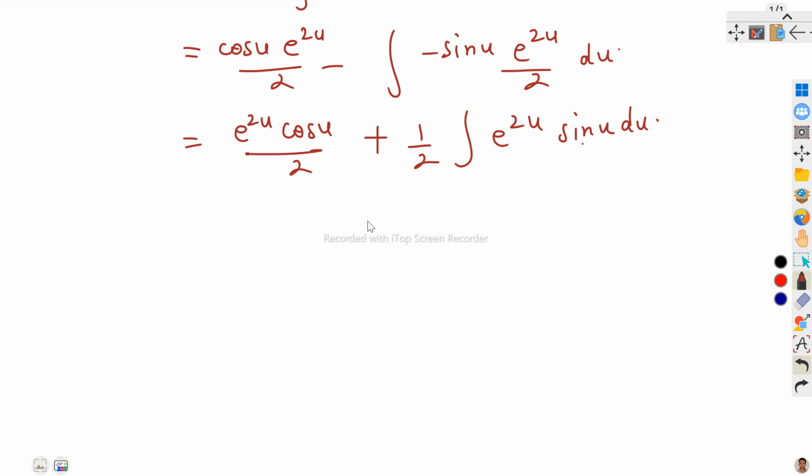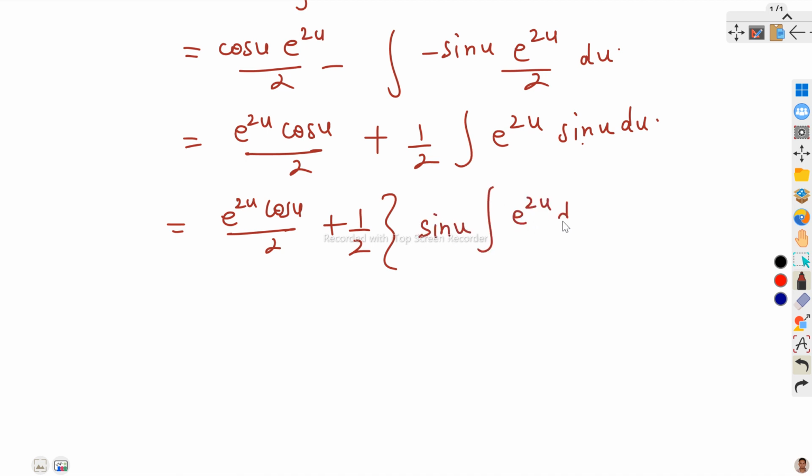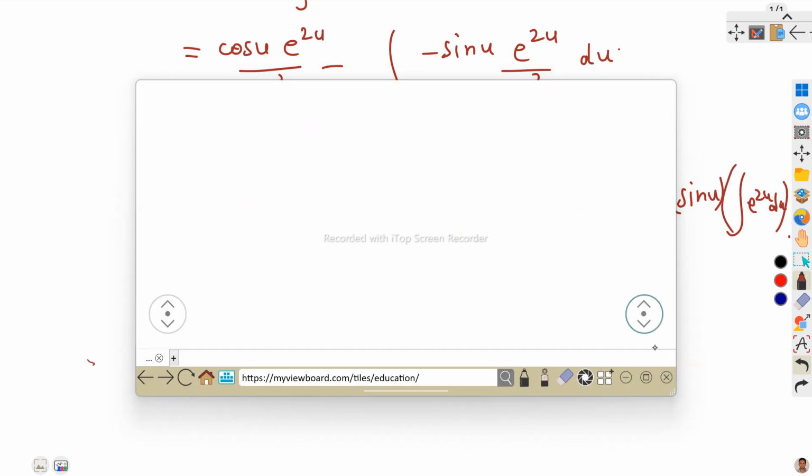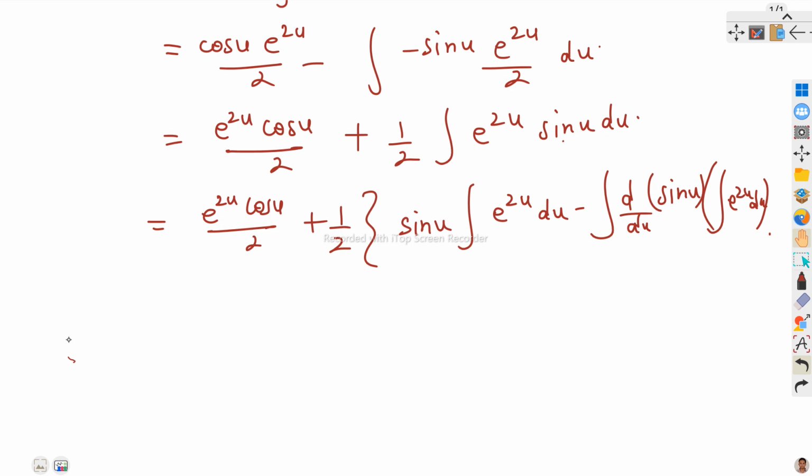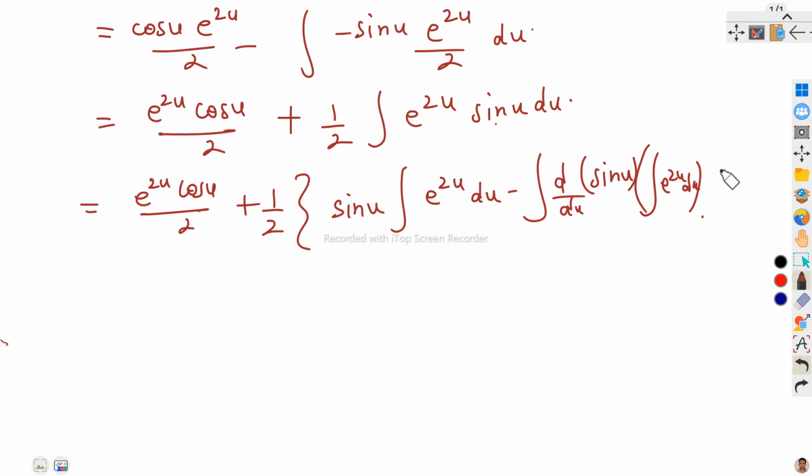So we get e raised to power 2u cos u upon 2 plus 1 upon 2 times the integral of sin u e raised to power 2u du, and again this can be written as du.